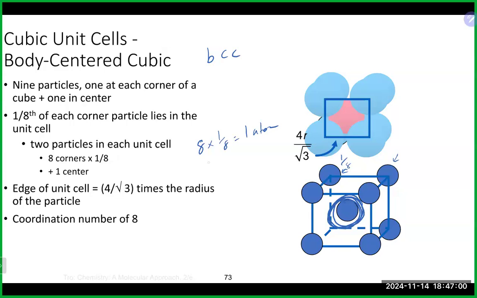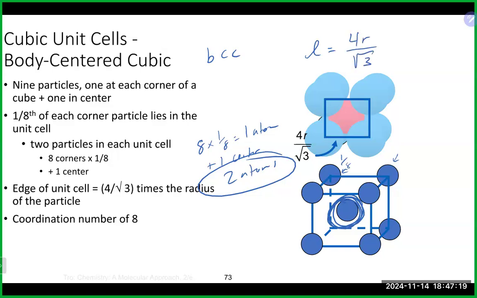So that is plus the 1 in the center, and that gives you a grand total of 2 atoms in this type of unit cell. To calculate the length of our cell, it is 4 times the radius divided by the square root of 3. So this body-centered cubic cell has 2 atoms, and that's how you calculate it.